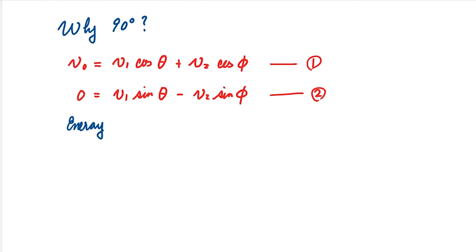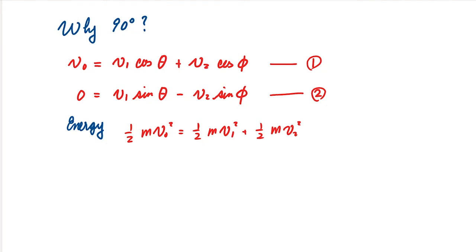Energy conservation tells you that 1/2 m v0 squared is equal to 1/2 m v1 squared plus 1/2 m v2 squared.